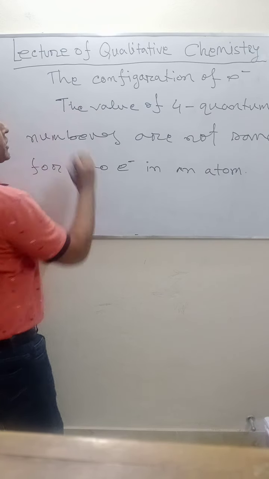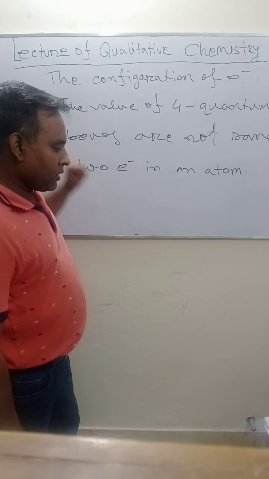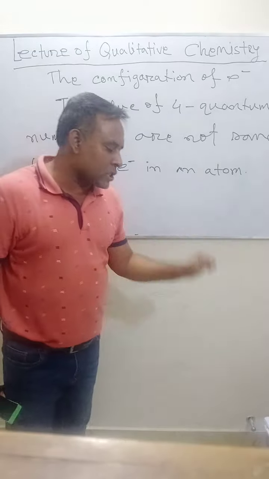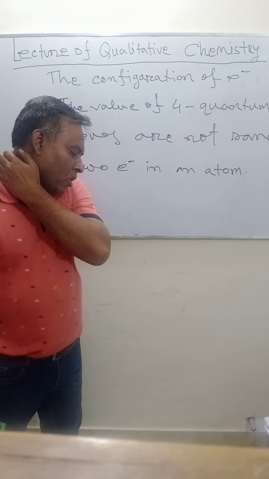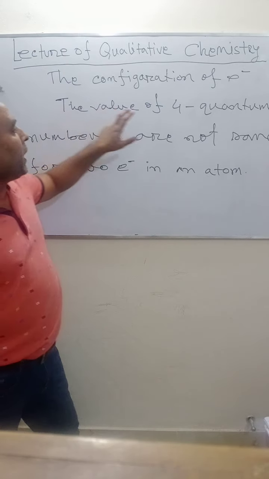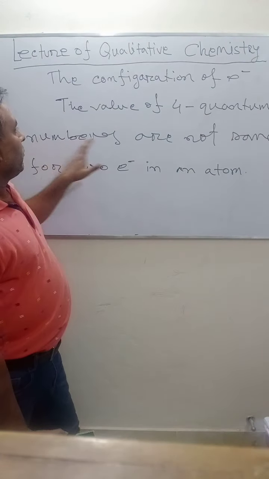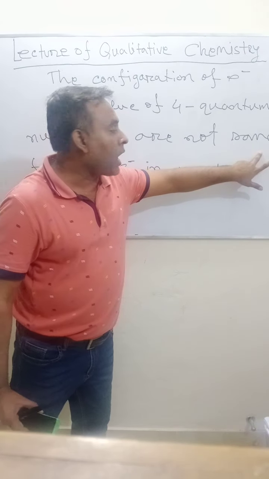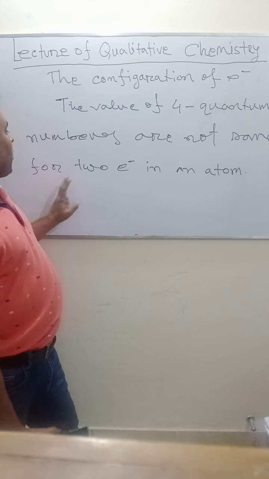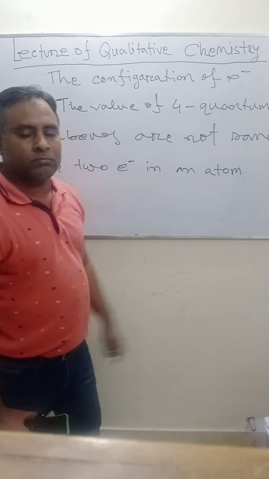Please give your concentration. The definition of the Pauli's exclusion is: the values of the four quantum numbers are not the same for two electrons in an atom.